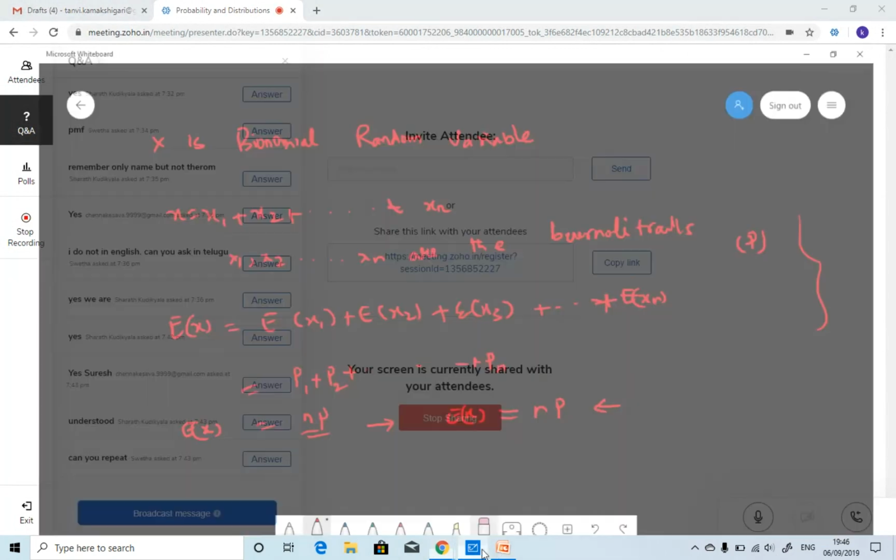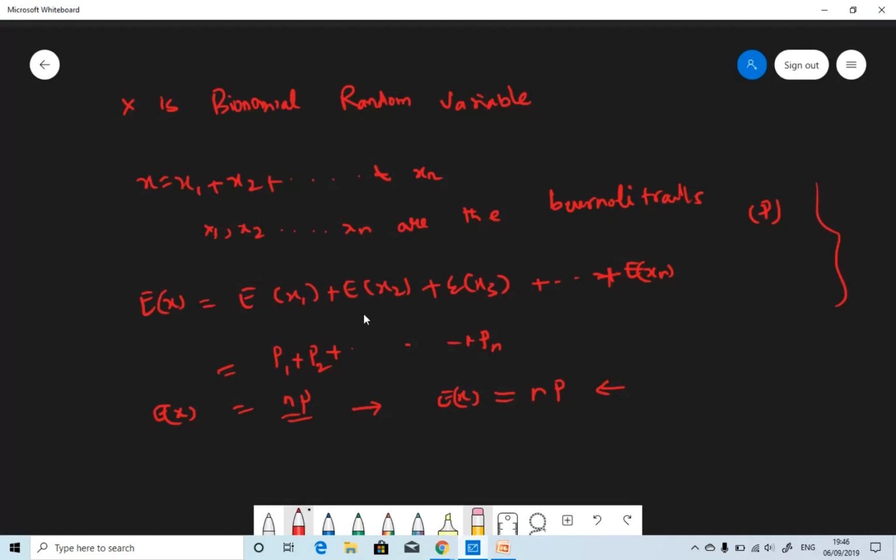Okay. In the binomial process, we do the experiment n times, and our expectation is the number of successes. Success is denoted as p.